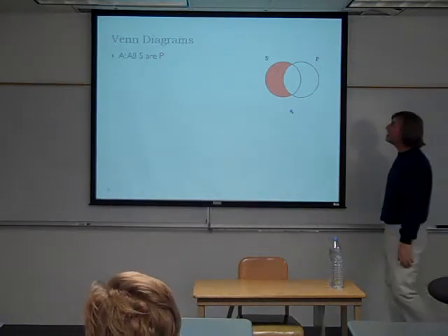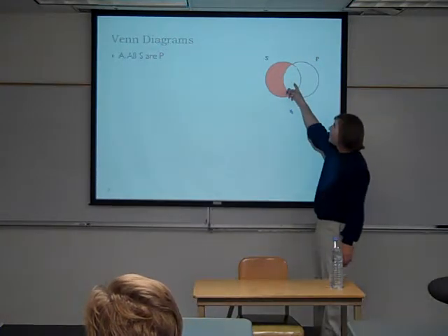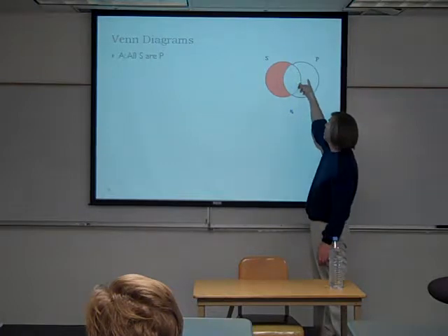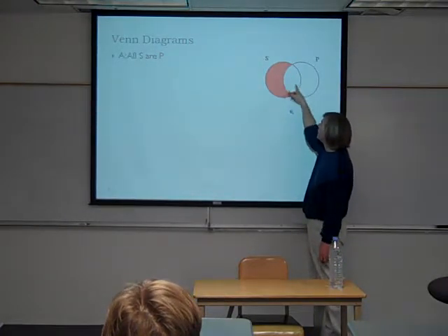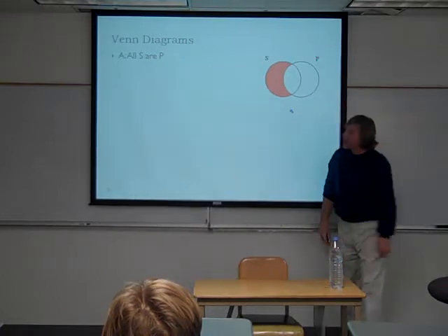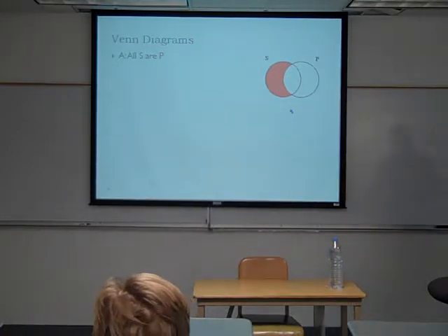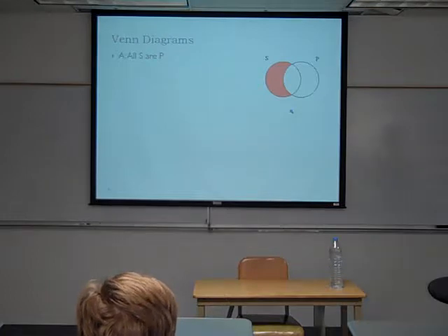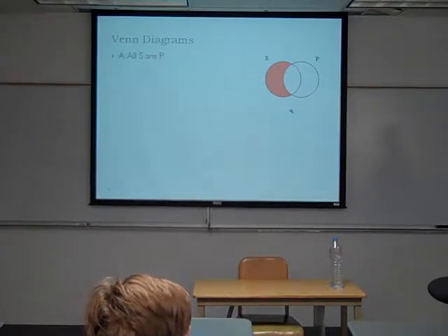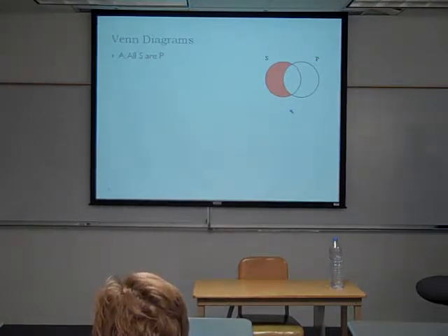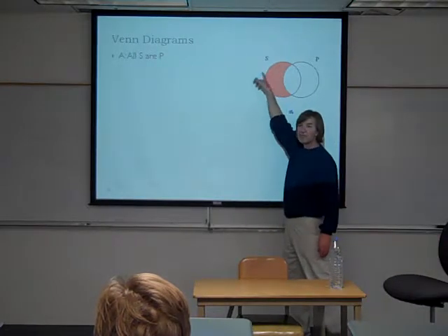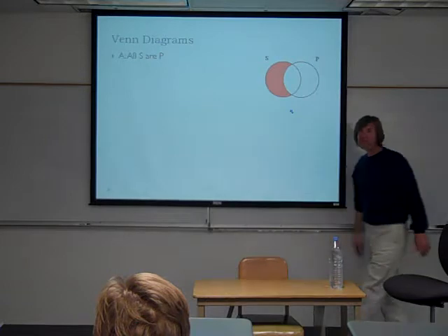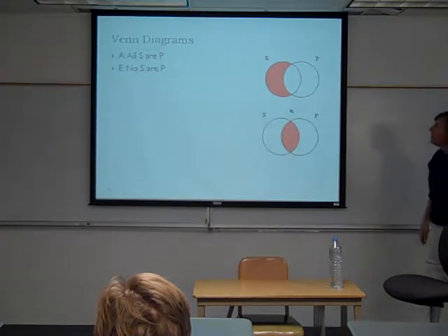And what we're saying is that all S are also P, and so S is going to be solely in here. So the white portion is saying where we have objects. And if it's in S, it's also in P. So the red is going to refer to where there's nothing. There's nothing in here.